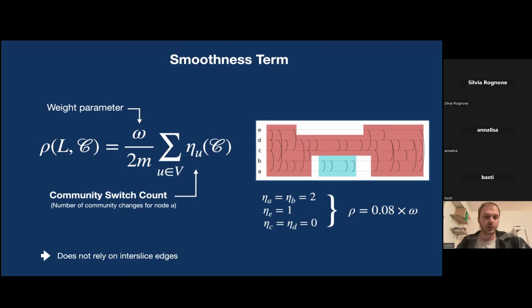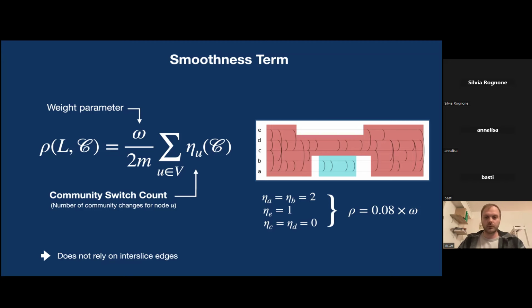And we have a weight parameter omega that allows us to tune the smoothness term. For example, if we want communities to be very continuous, we can set a higher weight parameter. And if we want to allow communities to be less continuous, we can choose a lower weight parameter, omega.